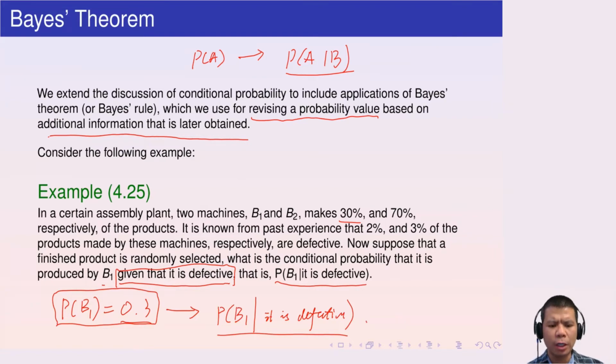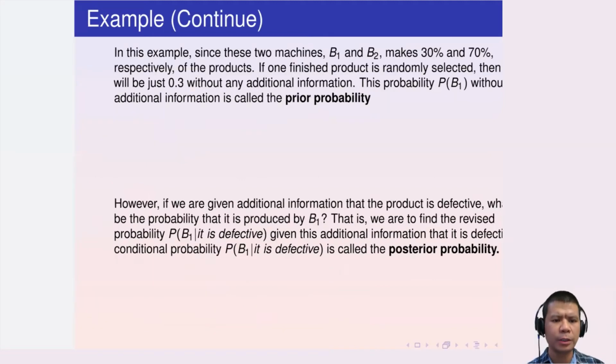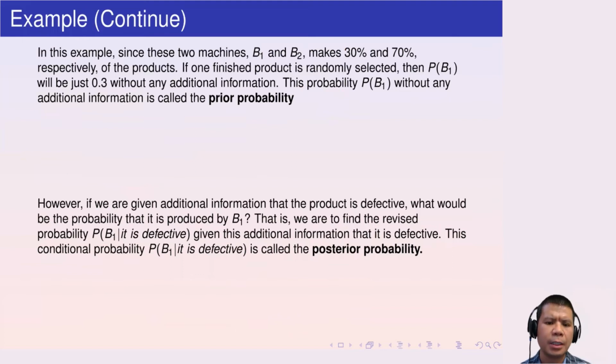Now, how can we find this revised probability? Before we do that, we want to introduce some concepts. In this example, they make 30% and 70% respectively. So the probability of B1 is simply 0.3 without any additional information.